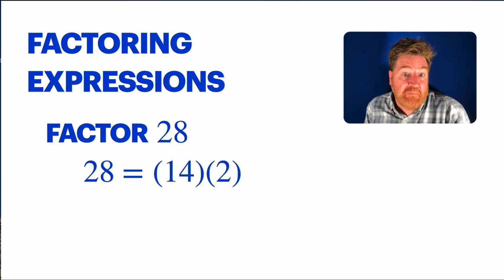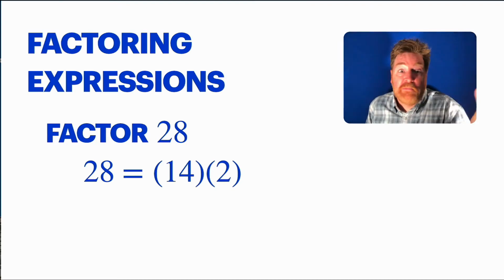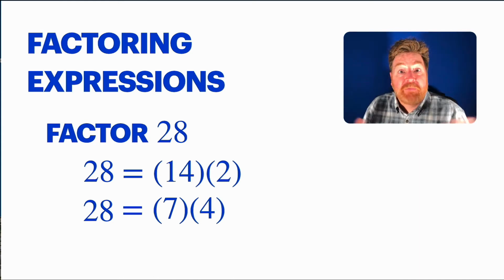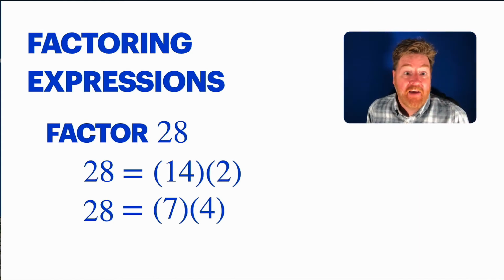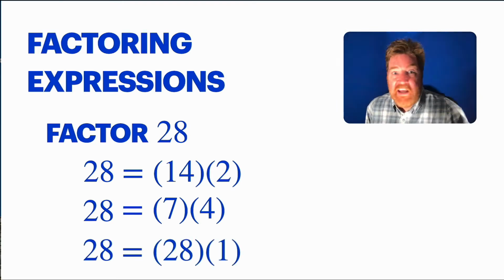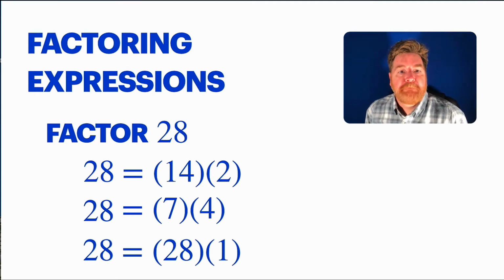Like, for example, 14 times 2. Now, that might not be the way that you were thinking of factoring when I said that. Like, you might have been thinking 28 is 7 times 4, and that's perfectly fine. There might be lots of different ways to factor a number or an expression, okay? They're all good. Just like 28, you could also write it as 28 times 1.